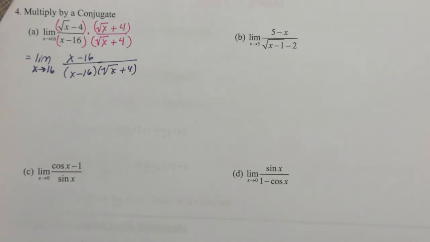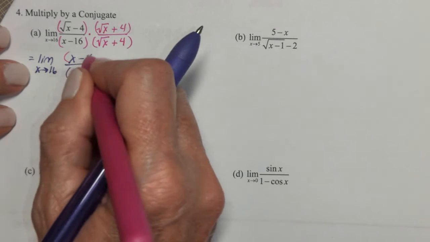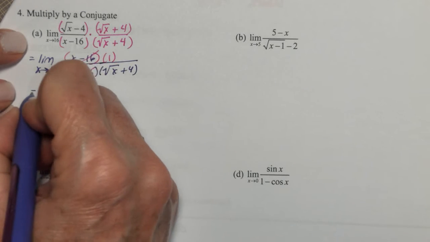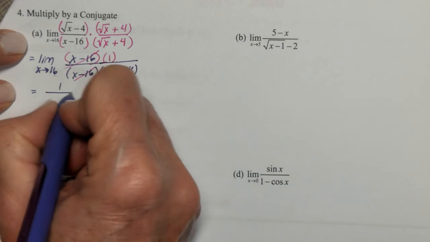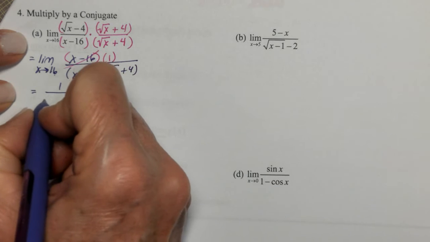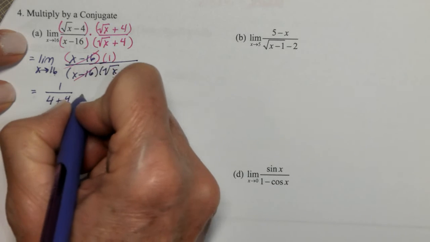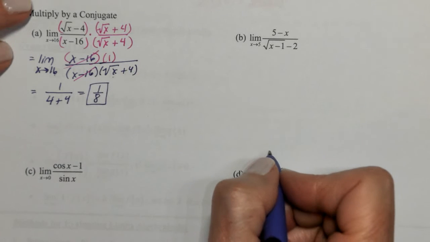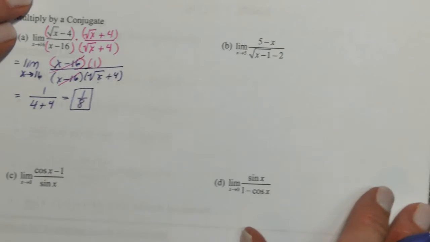Okay? We found our hole, x minus 16 over x minus 16. They're identical. They reduce just to a 1. Plug in 16 for our remaining x. We have the square root of 16 plus 4, which is 8, so the limit will be 1 over 8. Okay?